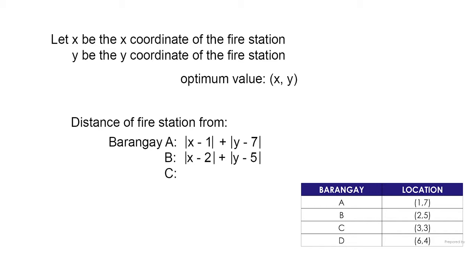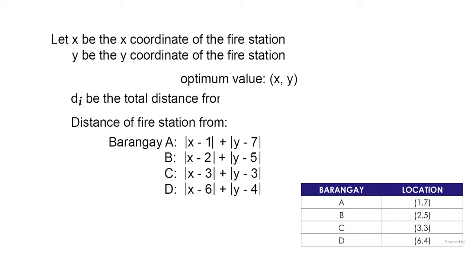From barangay C, that's the absolute value of x minus 3 plus the absolute value of y minus 3. And from barangay D, that is going to be the absolute value of x minus 6 plus the absolute value of y minus 4.